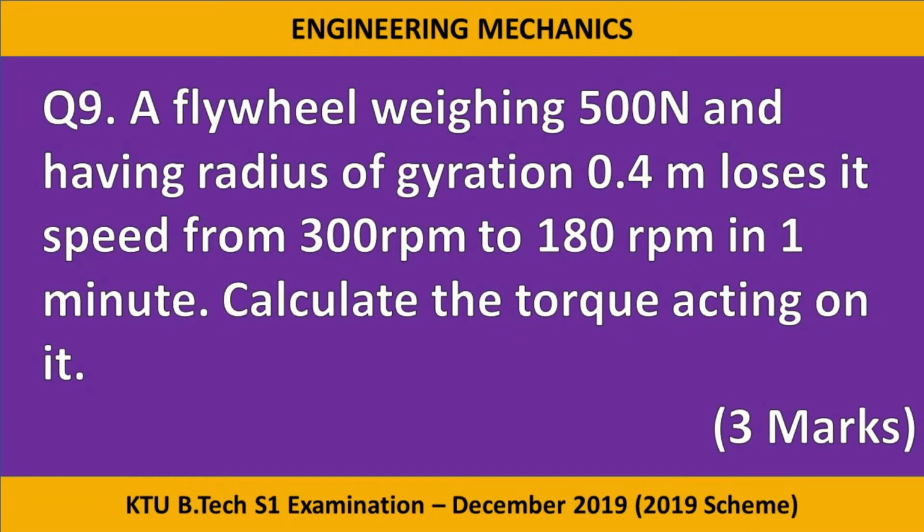A flywheel weighing 500 Newton and having radius of gyration 0.4 meter loses its speed from 300 rpm to 180 rpm in 1 minute. Calculate the torque acting on it.